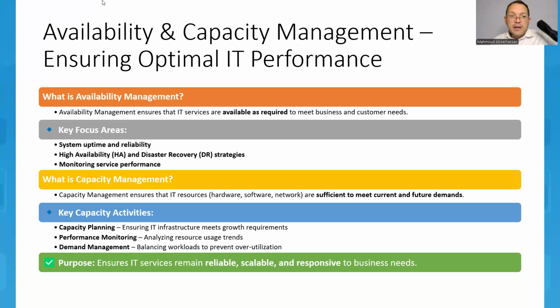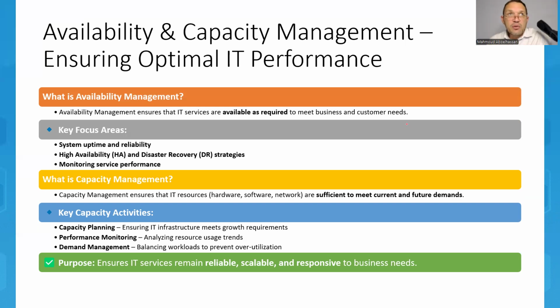The capacity management will ensure that the IT resources, such as hardware, software, and network, are sufficient to meet the current and future demands. Usually, we launch the capacity management planning in the last quarter of the year to be ready for the next year's requirements.